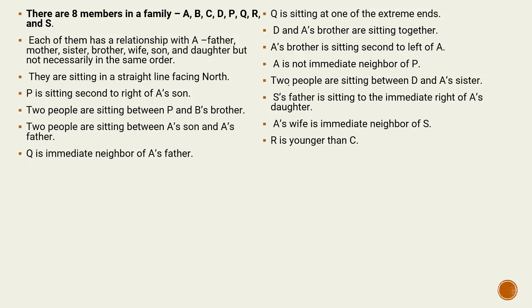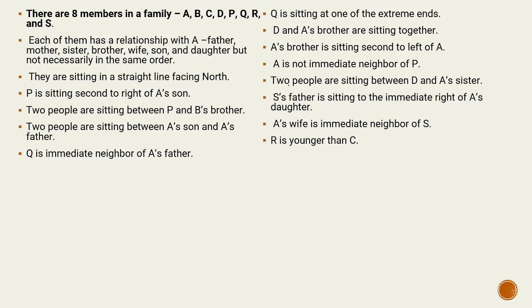So A is the central source of data, and then there are 7 other family members whose relationships are defined with respect to A. The relationships are father, mother, sister, brother, wife, son, daughter, but not necessarily in the same order.